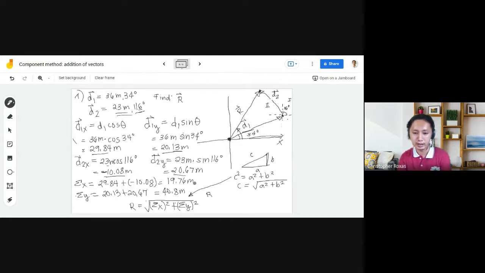So r will be square root of 19.76 squared plus 40.8 squared. Okay? So using the calculator, square root of 19.76 squared plus 40.8 squared.